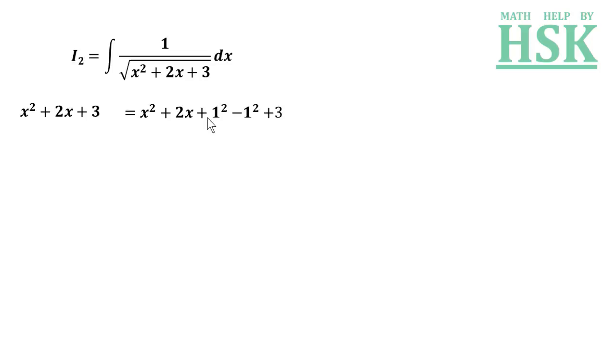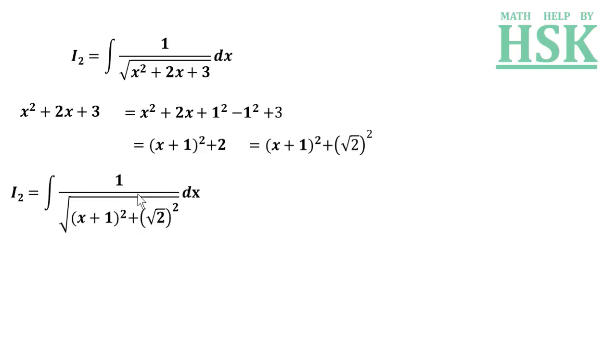This can be written as x plus 1 whole square, and this can be written as 2. Further, I'm going to write this 2 as square root of 2 whole square. So I've converted this into the sum of a square of a variable term and a constant term. This I'm going to place instead of x square plus 2x plus 3. So I obtain I2 as this much.